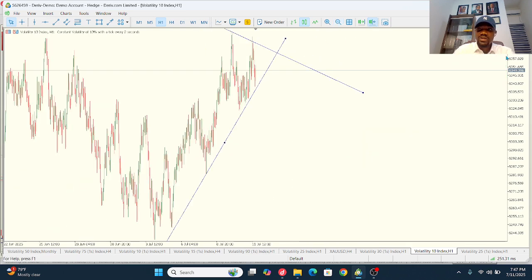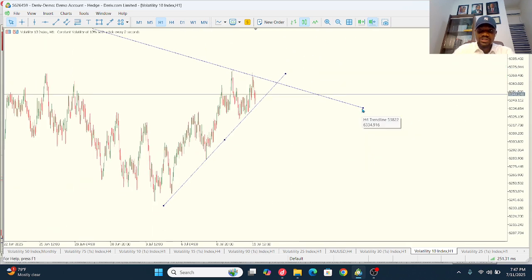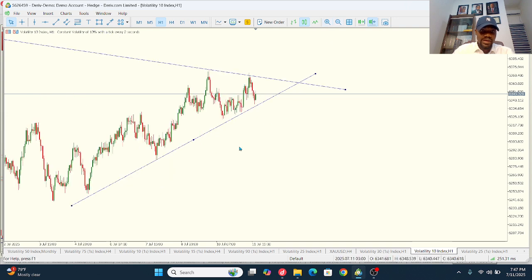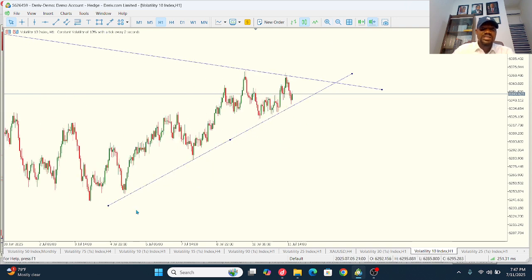Now getting to H1, our trend line in H4 is still there, is showing. You can see. Now we are looking for a trade opportunity. So what do we do now? We already know that the market is bearish from the higher time frame. But H1 and H4 is also giving us a bullish sentiment.